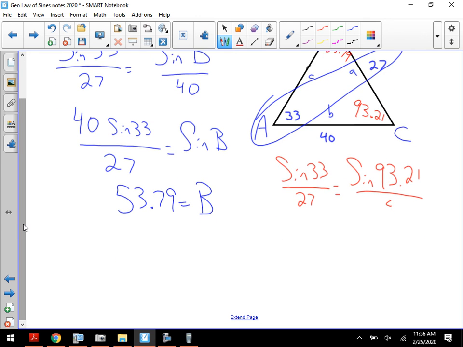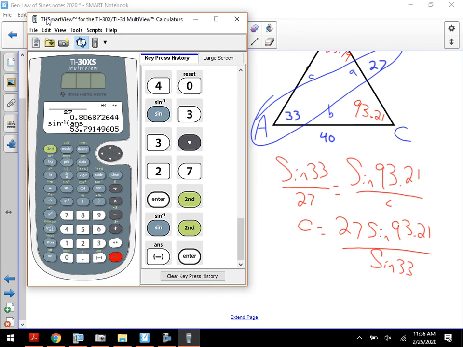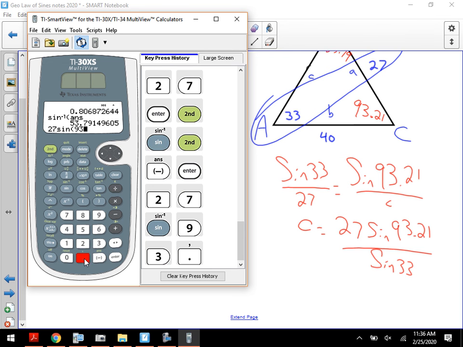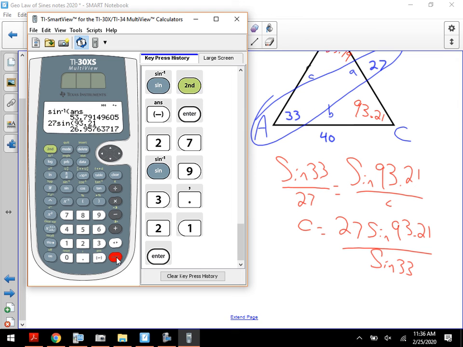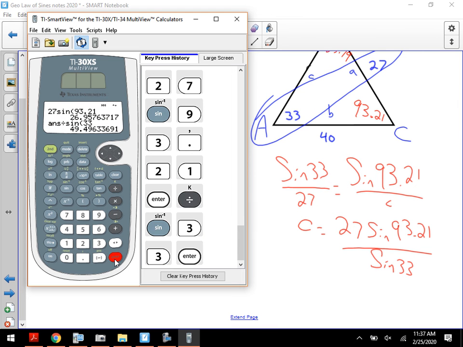So you have little c equals 27 sine 93.21 over sine 33. And this one I round to decimal places, I get 49.5.